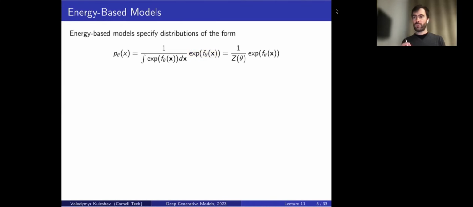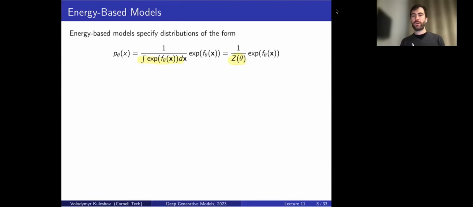As you can imagine, this term here is going to be very important. This is going to be the term that ensures that p of x integrates to 1. This integral is very important, and I'm going to give it its own letter, z, and z will be what I'm going to call the normalizing constant of the probability.